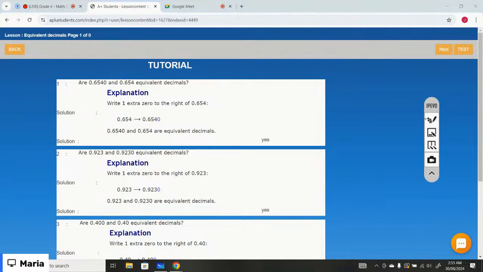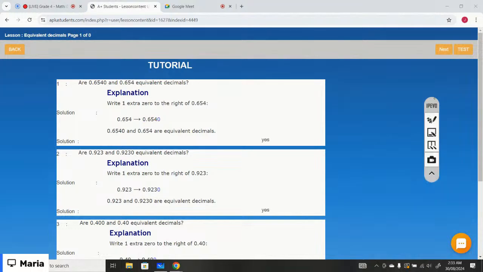Yes, they are equivalent, right? After the decimal point, you can write one extra zero to the right. You have 0.654 and 0.6540. Whatever zeros you add at the end, they are the same, right? So 0.6540 and 0.654 are the same.